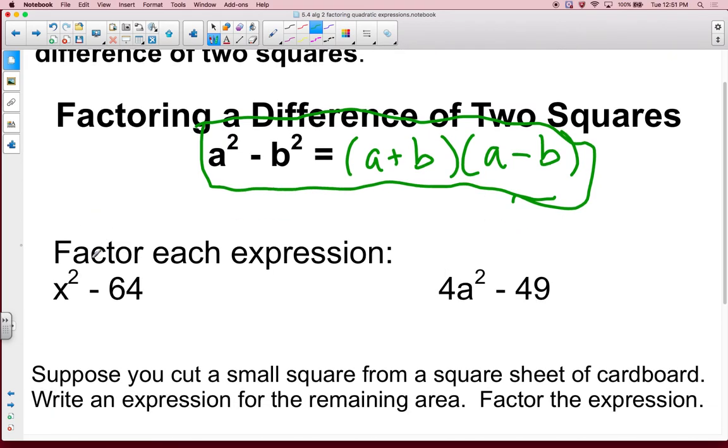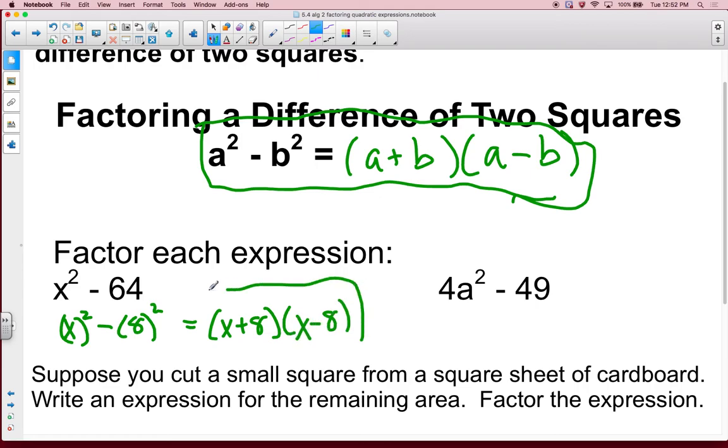So factoring this, we do have a difference, and these are both perfect squares. This is an x squared minus an 8 squared. You don't always have to rewrite it like this, but just to show you, both are perfect squares. This will factor to be x plus 8 times x minus 8.